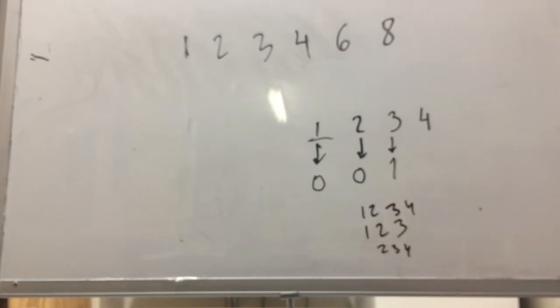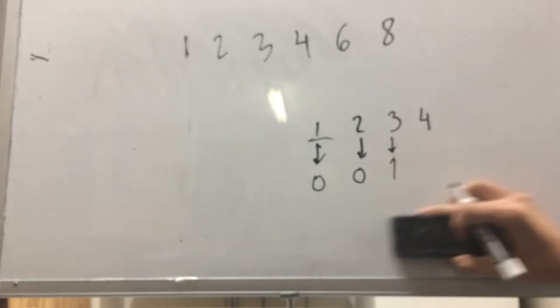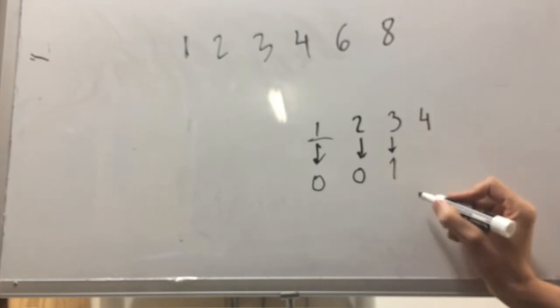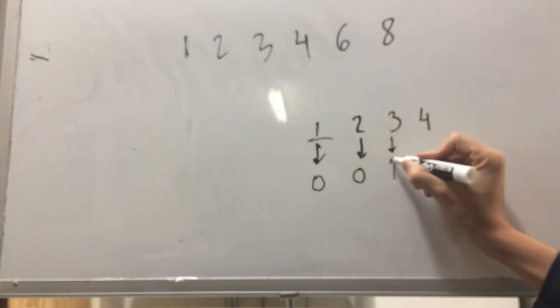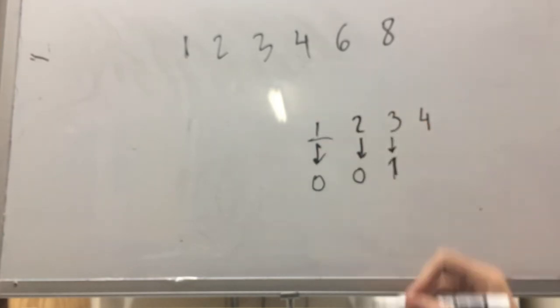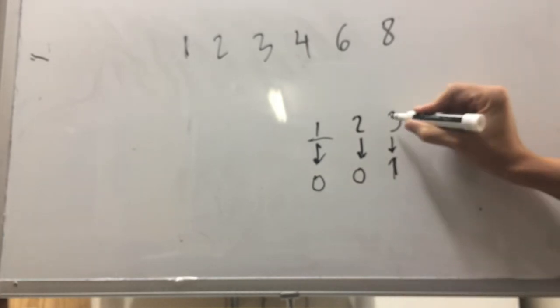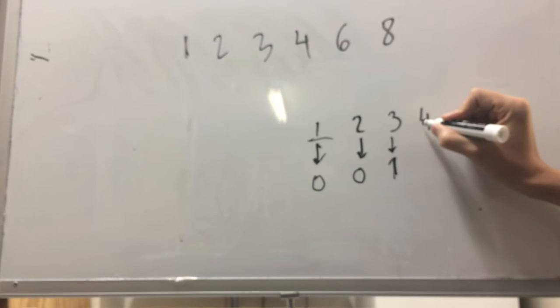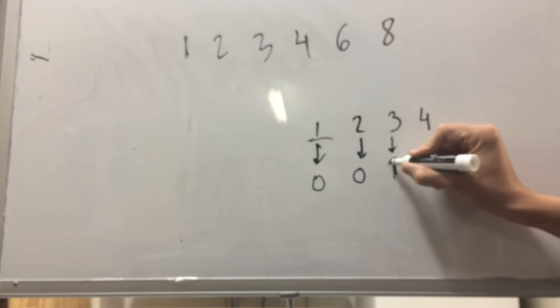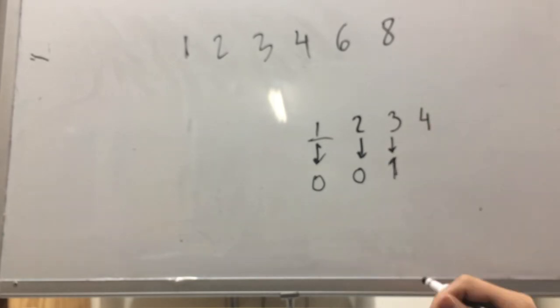From the previous solution, we already know that 1, 2, 3 gave us one combination. And adding 4 to this one would also give us one more combination, right?